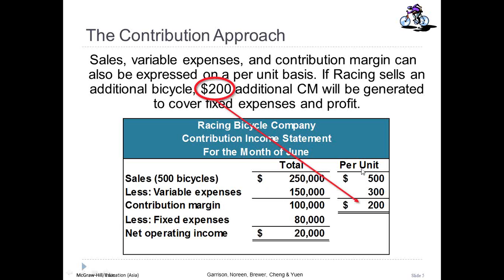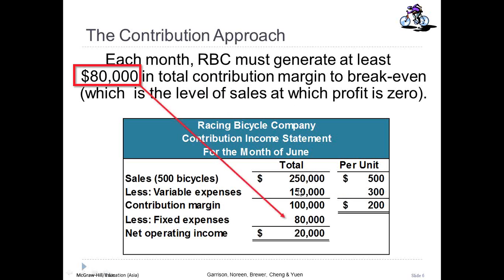So again, for every 1 unit or 1 bicycle this company sells, it will generate $200 in contribution margin, and that will go towards fixed expenses. In this case, the fixed expenses are $80,000.